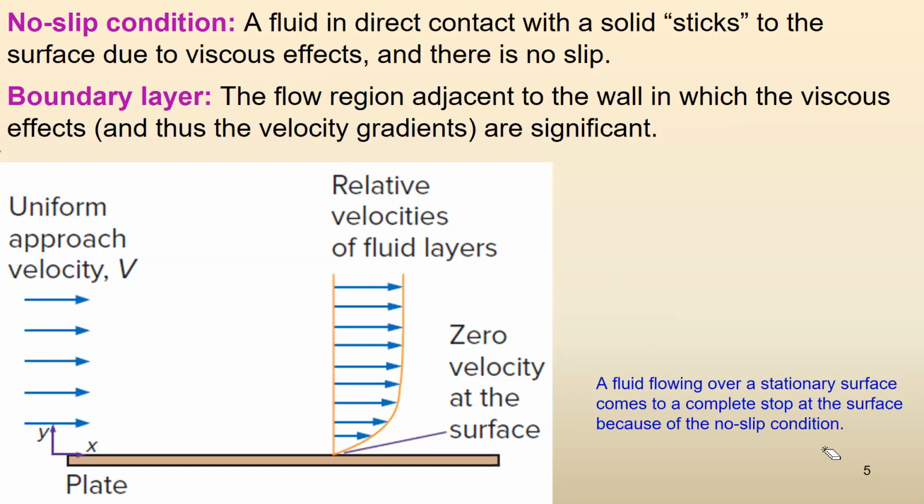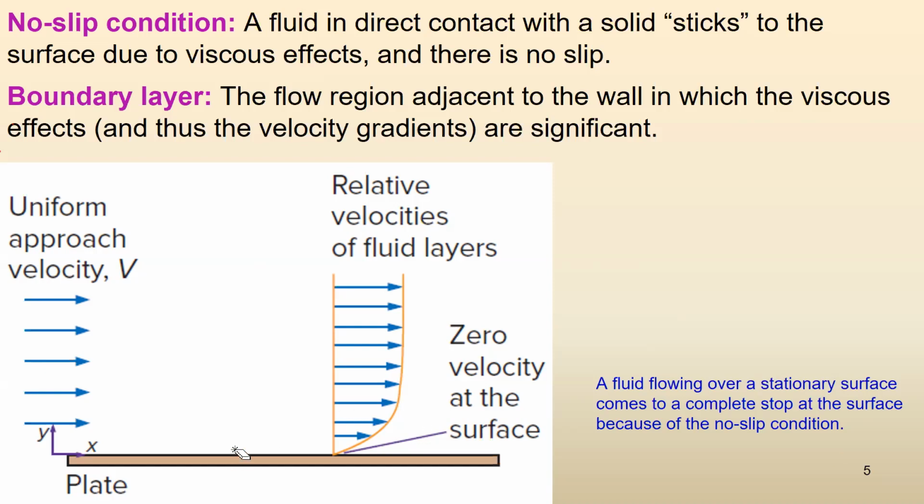So that's basically why we have conduction transfer between the solid surface and the fluid on the solid surface, because they stick together and they don't move with respect to each other, so they have direct interaction.